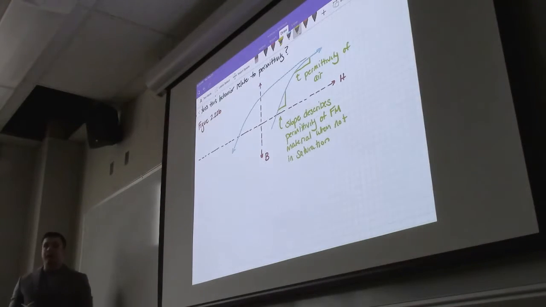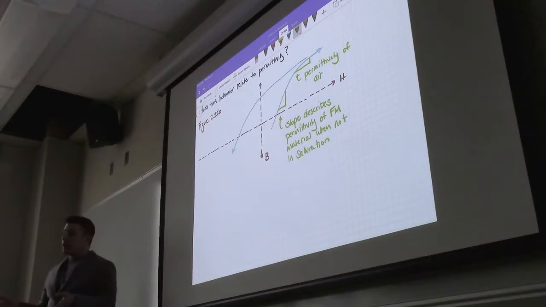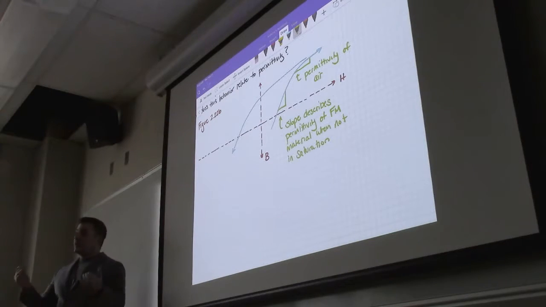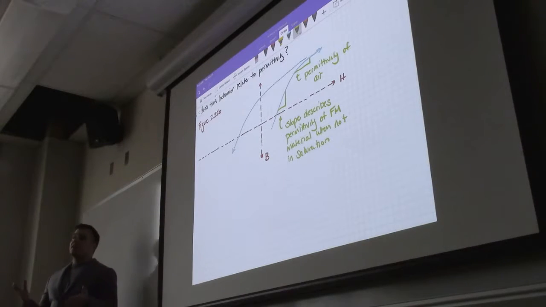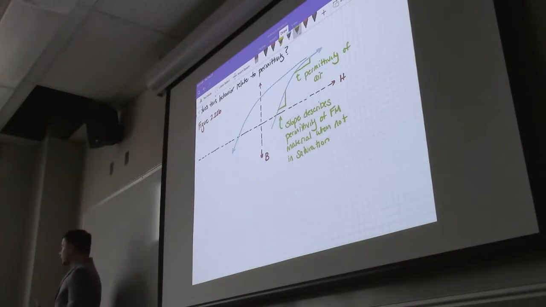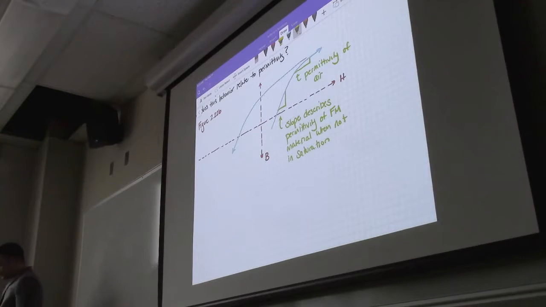For both the triangles, it's actually dependent on both, but one is negligible. In the bottom, the permittivity of air is negligible, and at the top, the permittivity of the saturated ferromagnetic material is negligible. And so we can call this the linear region of operation.